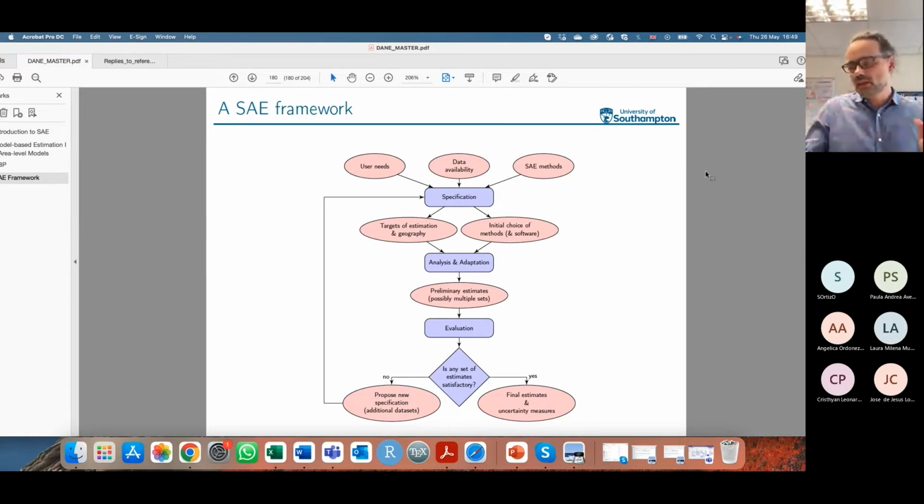In places they may write their own code, but in some other places they may rely on existing routines that can be used in order to implement the methods. Okay, so that fits into the analysis, and then using the identified methods, you can get preliminary estimates, possibly multiple sets of estimates that you can output.